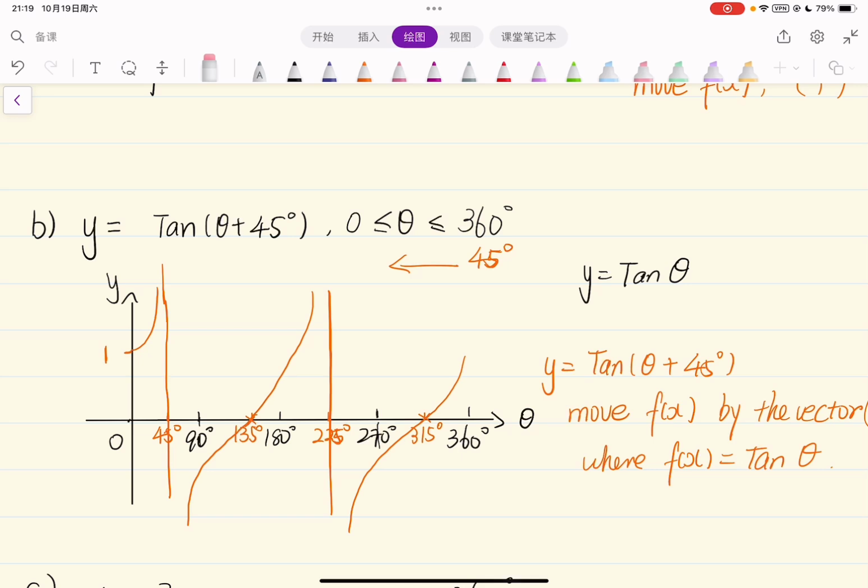So here is the graph of y equals tangent theta plus 45 degrees. You just move y equals tangent theta to the left about 45 degrees.